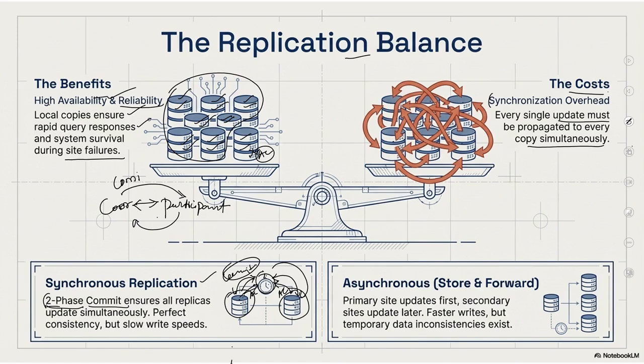Clear? That is the two-phase commit protocol. It ensures that the replicas update simultaneously, giving perfect consistency but slow writing speed, because we have to wait for the acknowledgement from all the data centers. So it takes some time to complete.